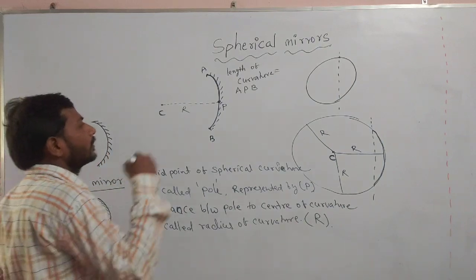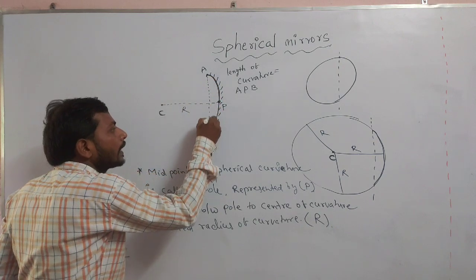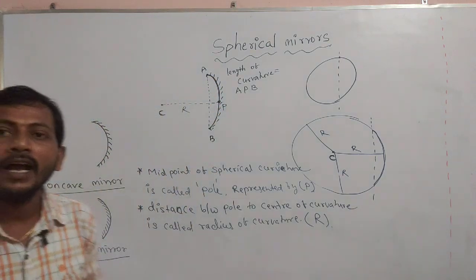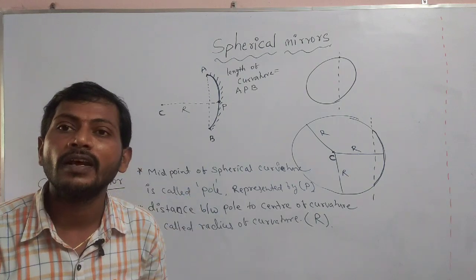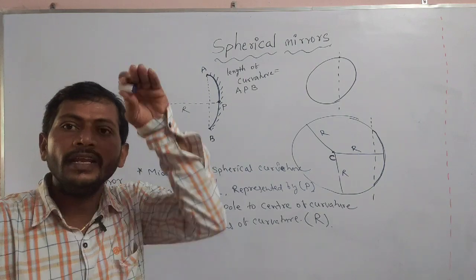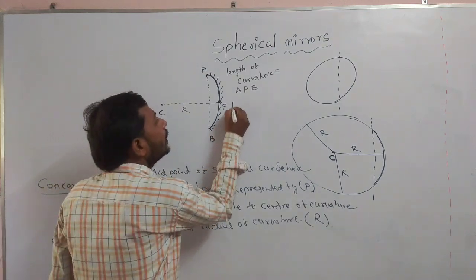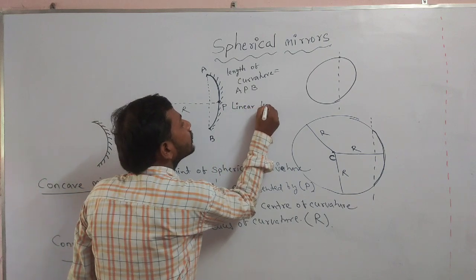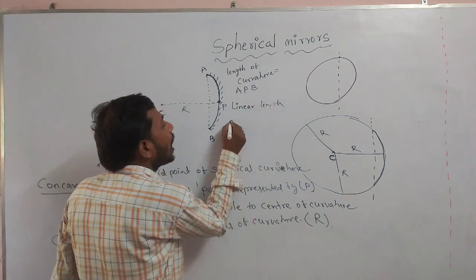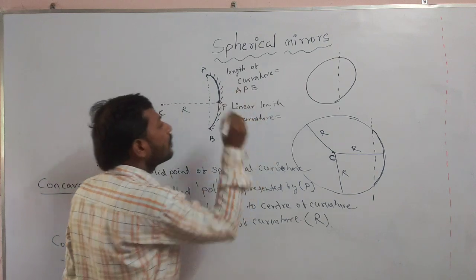If you take A to B as a straight line, then it is called what? Linear length of curvature. Linear means what? In the line. So I am going to write here: linear length of curvature equals how much?